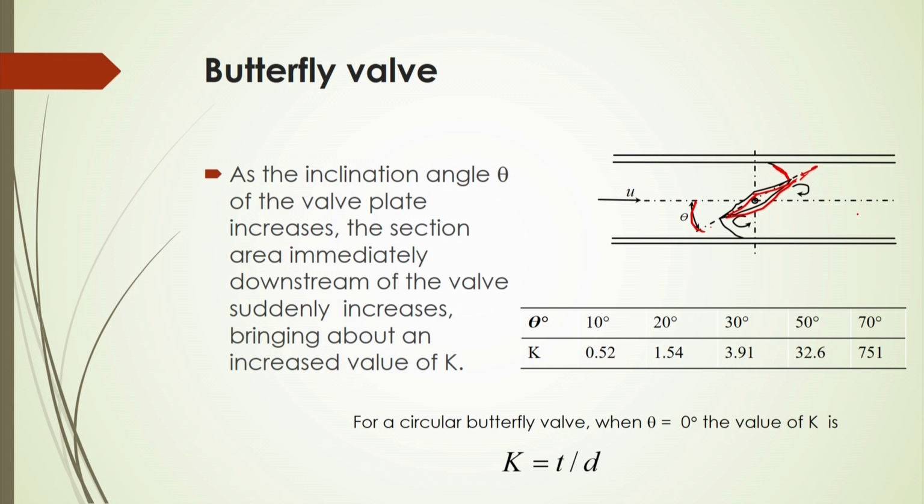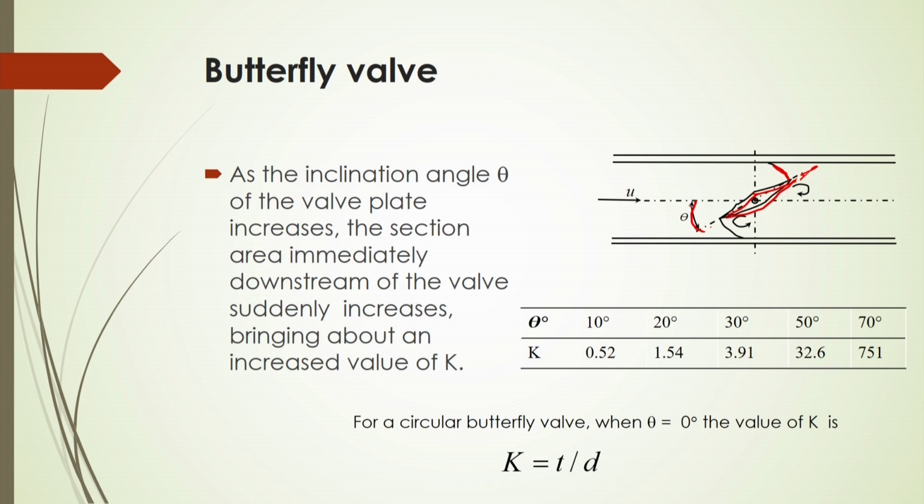As the inclination angle theta of the valve plate increases, the section area immediately downstream of the valve suddenly increases, which brings about an increased value of K. So, this minor loss depends on the inclination angle theta. If theta is 10 degree, the minor loss coefficient will be 0.52. Similarly, if we increase theta, the minor loss coefficient will increase accordingly.